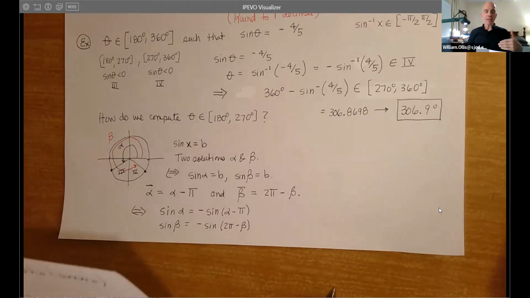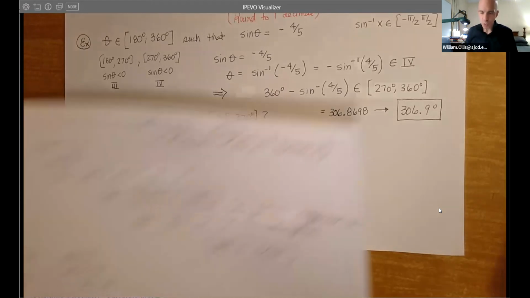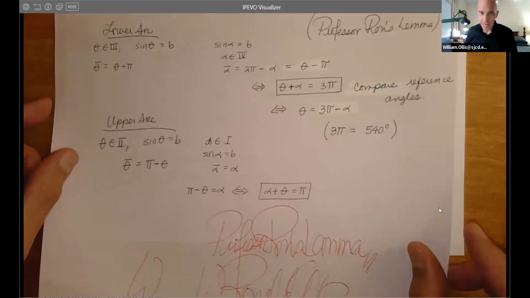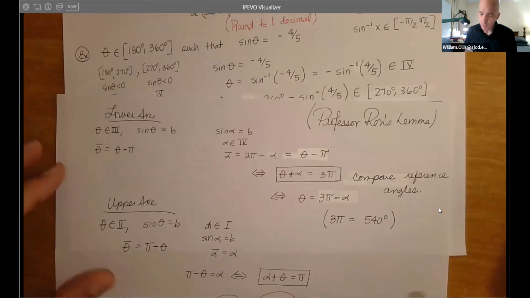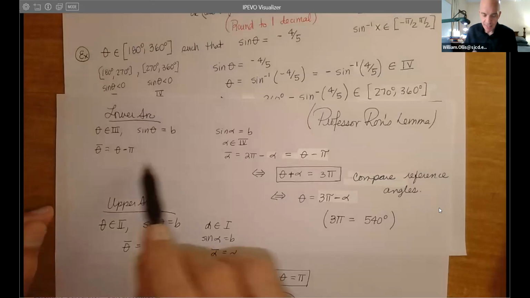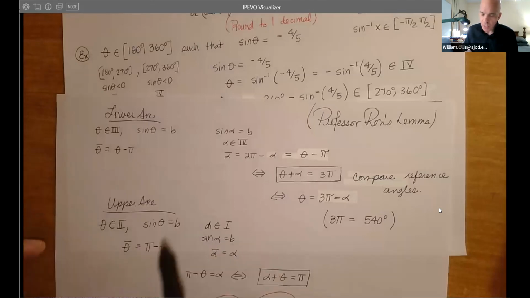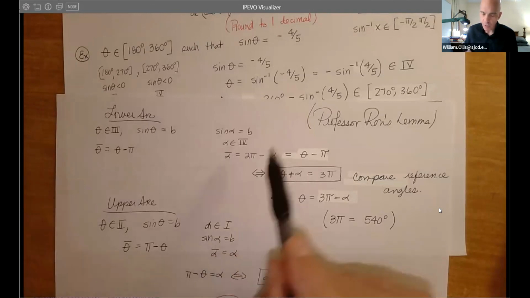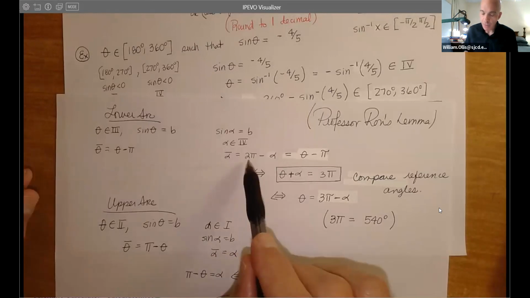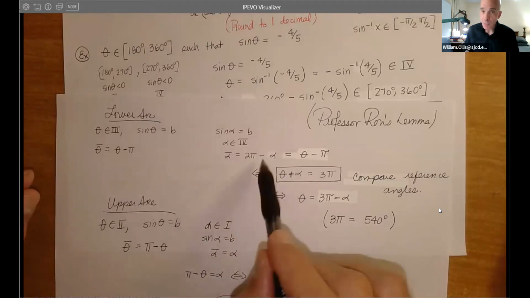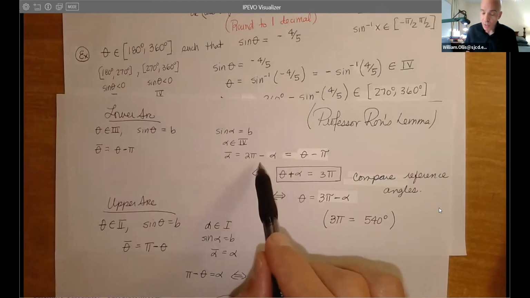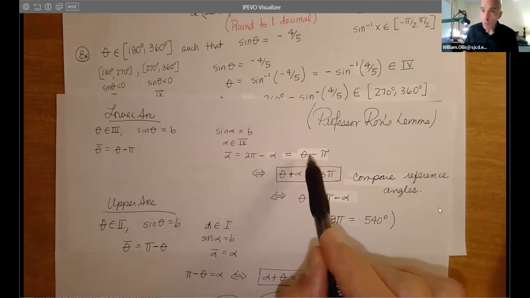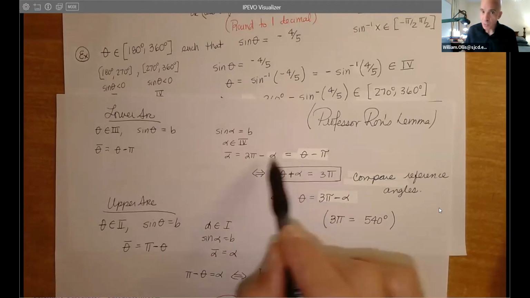I did this scratch work before we started class, and I called this Professor Ron's lemma. I did the same thing that I did here. Notice, when we have alpha in the fourth quadrant, using whatever letters, we have 2 pi minus alpha, which is going to be the reference number in the first quadrant. But then we've got the same reference number for the other angle like I have here. So that's really my logic here.